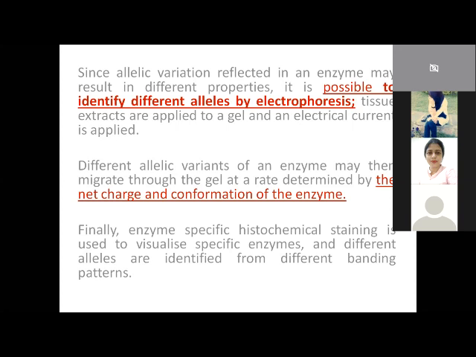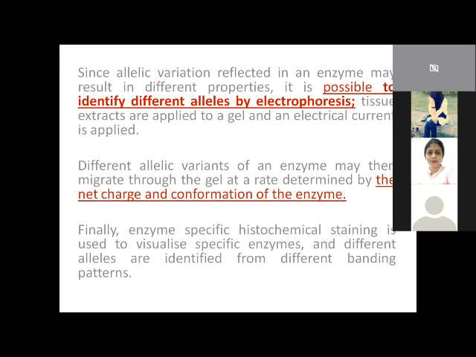They have some variation in their amino acid sequences. If there is a variation in the amino acid sequences, what happens? Amino acids are basically charged molecules. A protein is a charged molecule, and its charge is based on the amino acid residues of that particular protein.